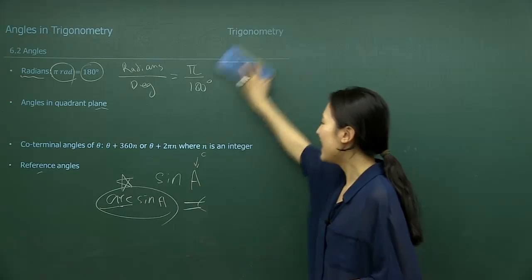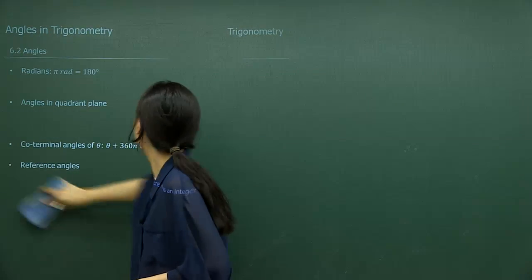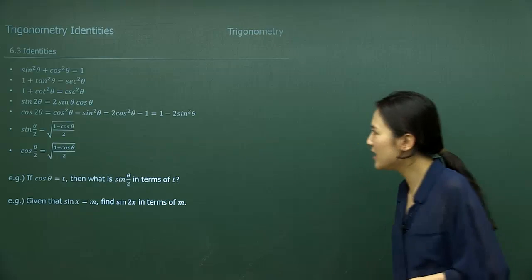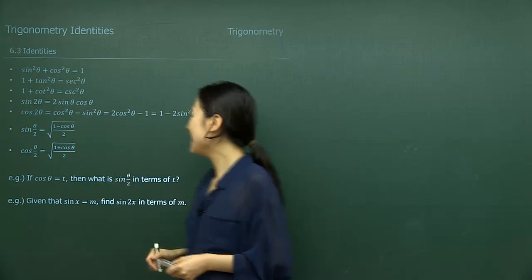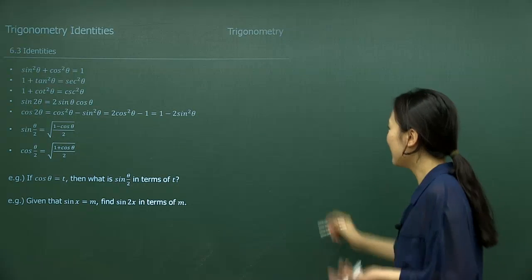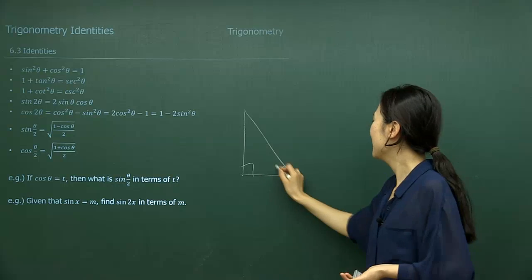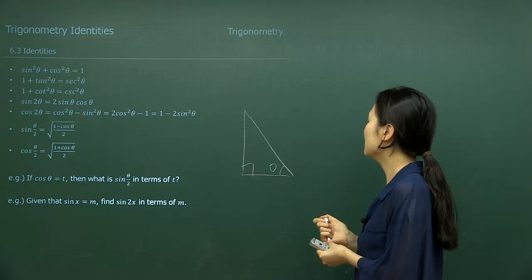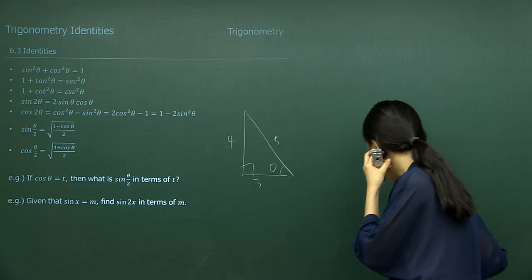Identities. Identities are really fun because they show you a relationship between a bunch of ratios. Okay, say we have some random right angle triangle. Pythagorean works, right?